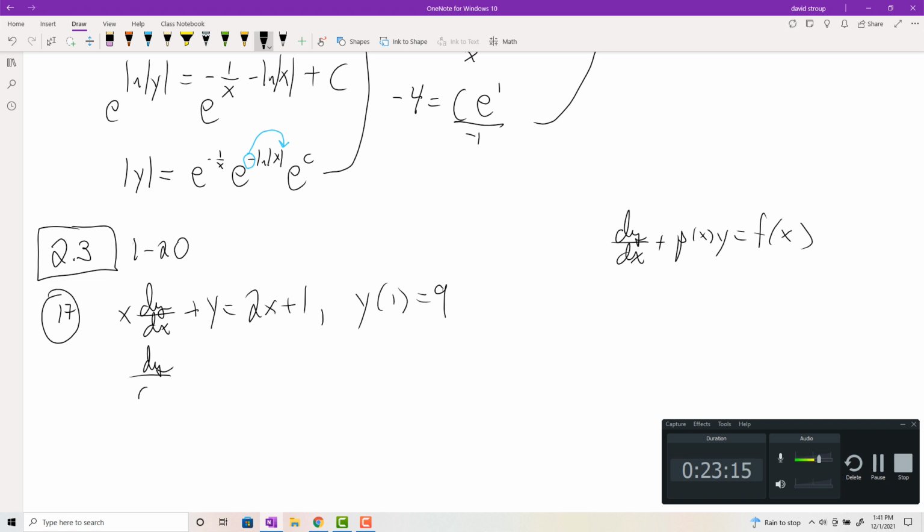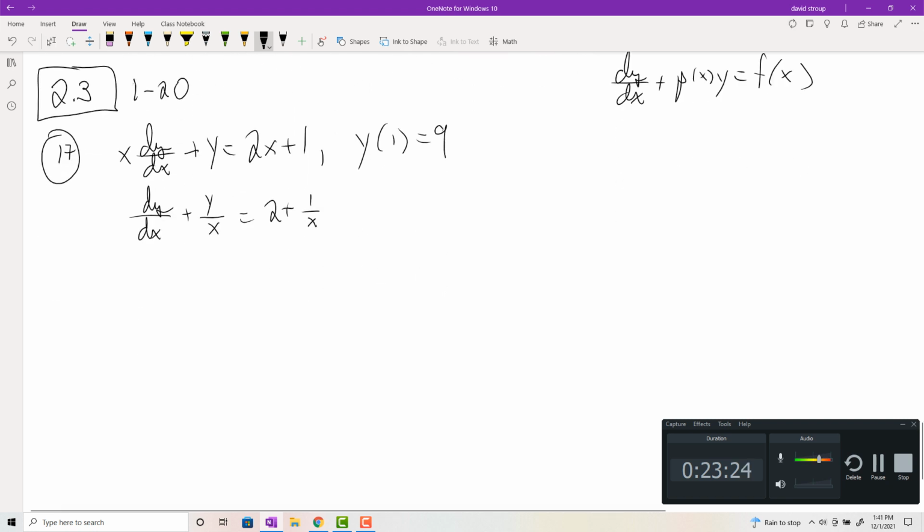So I get dy over dx plus y over x equals 2 plus 1 over x. The integrating factor is from p of x. We need p of x and f of x in order to figure out our interval of definition. P of x is 1 over x. F of x is 2 plus 1 over x. So our interval of definition is going to be the intersection of the domains of those two functions.